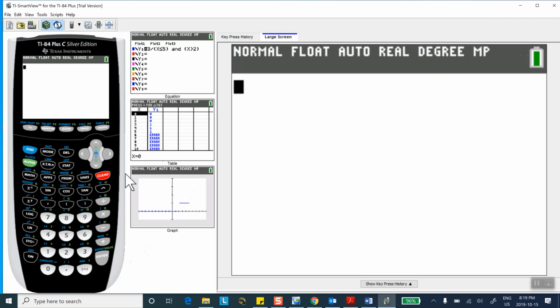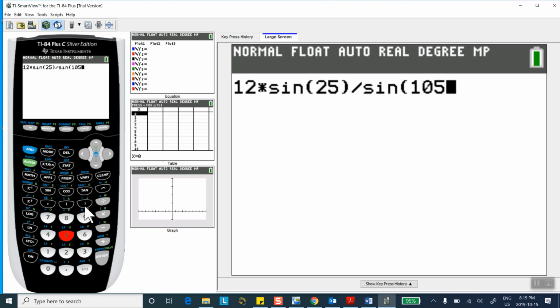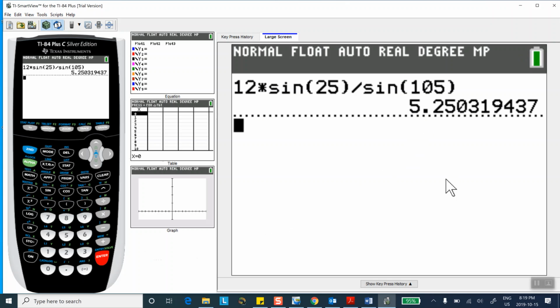Clear this. So we want 12 times sine of 25, close the parentheses, divided by sine of 105 degrees, close it, hit enter, and you get 5.25.